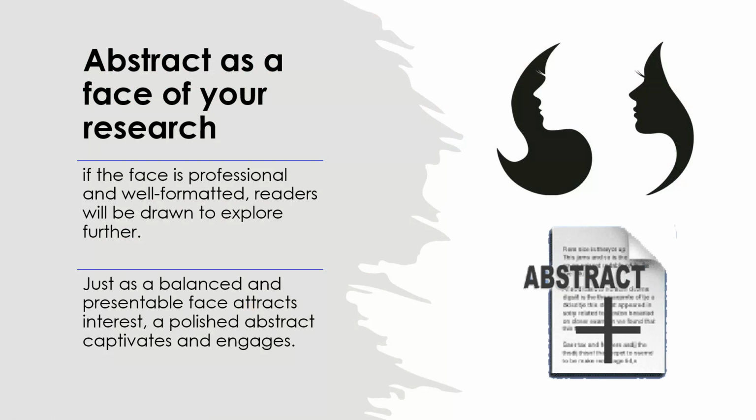As we know, the abstract is the face of your research. If the face is properly presented, balanced, and formatted, then the reader will look down and explore other parts of your document and your research.